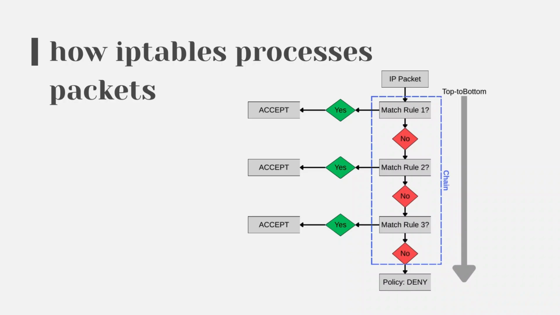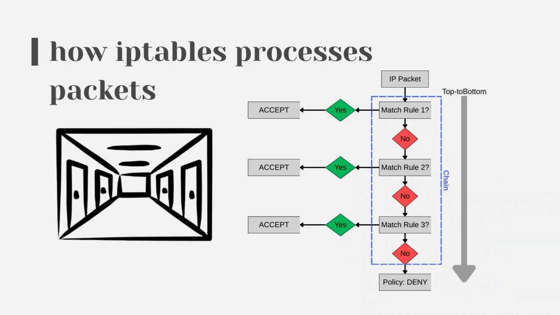It's like walking down a hallway full of doors. At each door, you check, does this door match me? If not, you move to the next door. But the moment you find a matching door, boom, you either enter, get redirected, or get blocked. You stop checking any more doors after that.